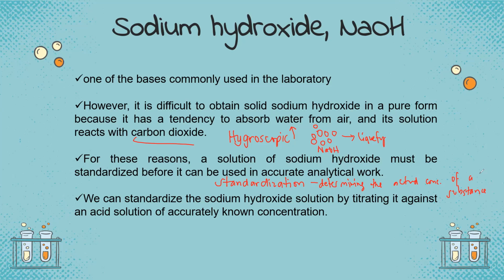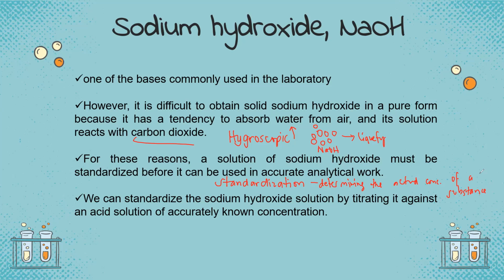So before natin gamitin si sodium hydroxide in any laboratory experiment, before natin siya gamitin, mag-undergo muna ng standardization. And anong ibig sabihin ng standardization? It is determining the actual concentration of our chemical substance.